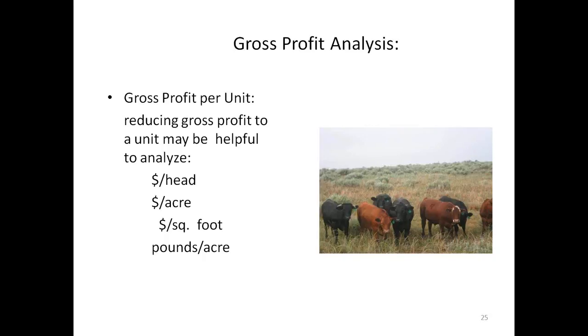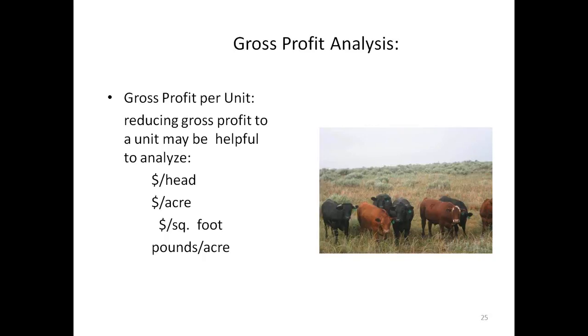When you're doing a gross profit analysis and trying to compare two enterprises, one of the things you need to do is make sure you're comparing similar units. If you're doing hay and livestock, one may be on a per acre basis and one on a per head basis.